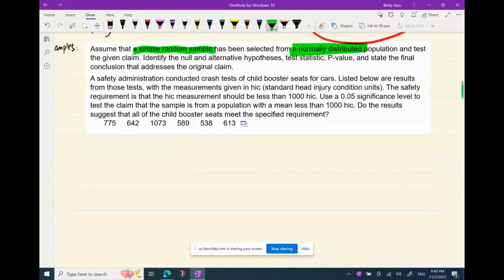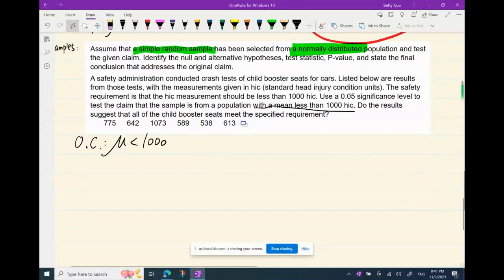The safety requirement is that the HIC measurement should be less than 1,000. Use that significance level to test the claim that the sample is from a population with a mean less than 1,000. Original claim: mu is less than 1,000.